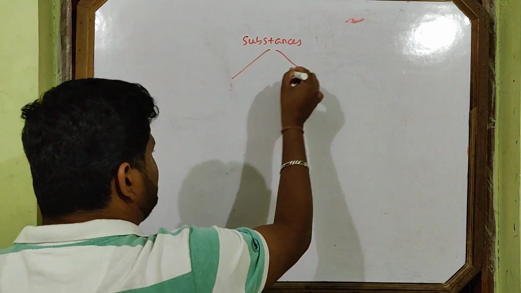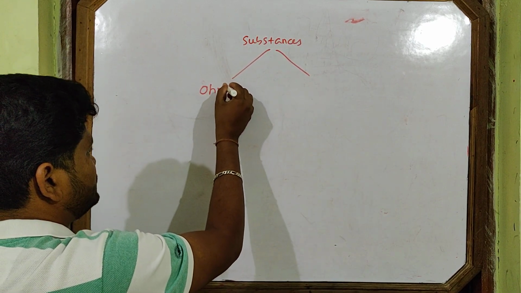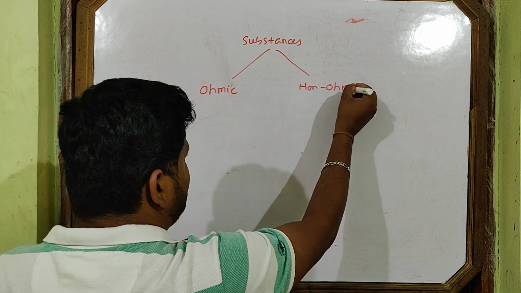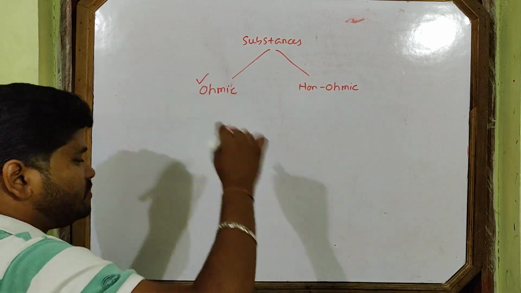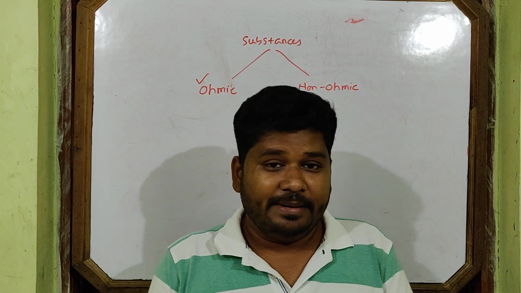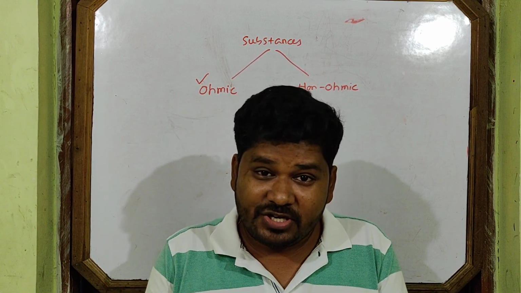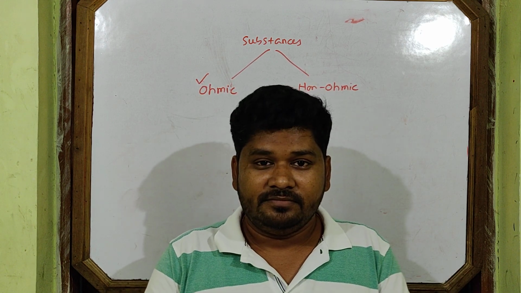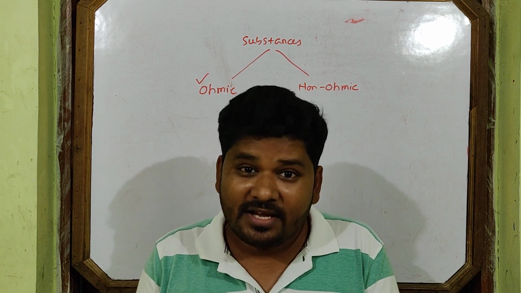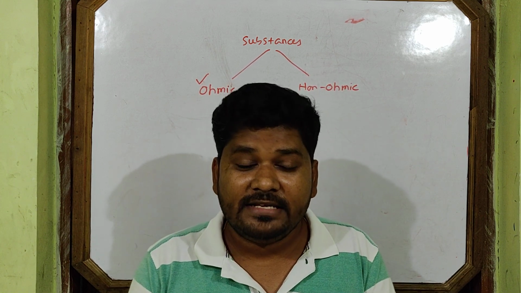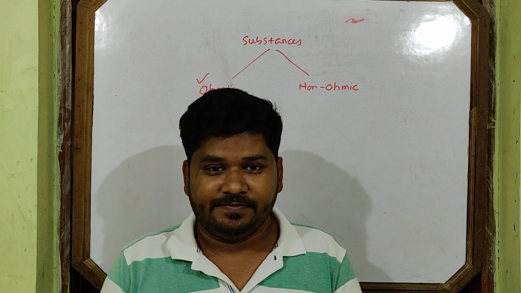One is ohmic, one is non-ohmic. So first we discuss ohmic. What is ohmic? Very simple. The substance which obeys Ohm's law is called an ohmic substance.